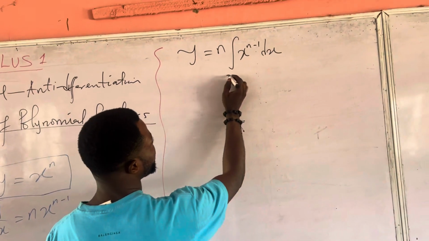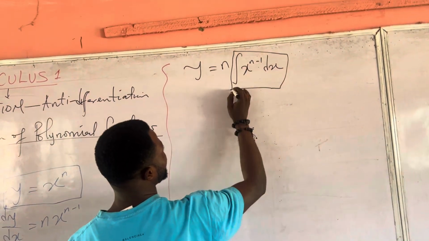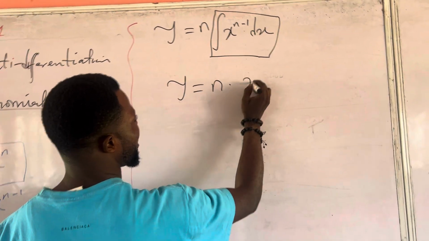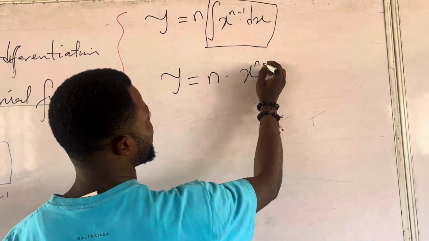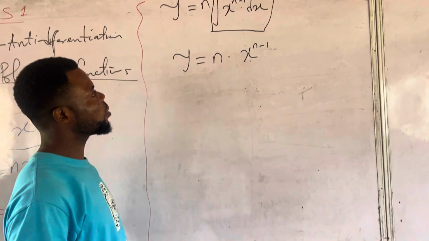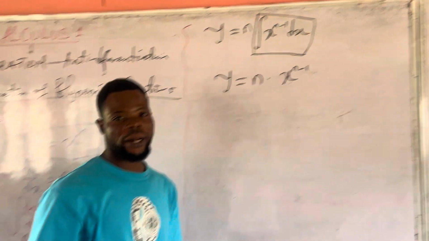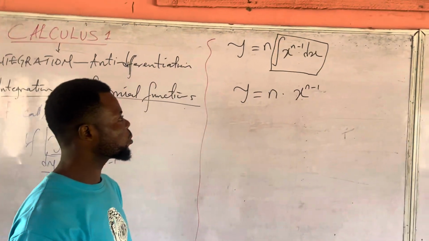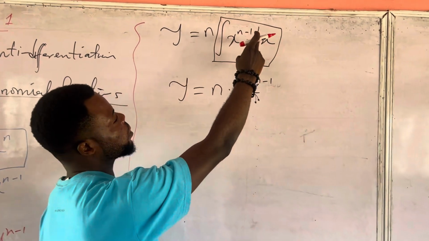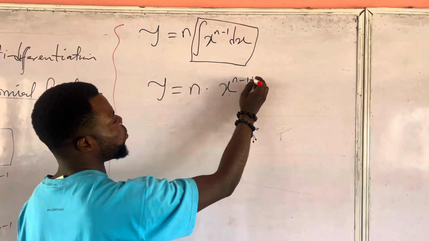So how do we integrate this? So we have y equal to n times x^(n-1). The law of integration under this direct method, which is polynomial function, is: whatever power we have here, we add 1 to that power.